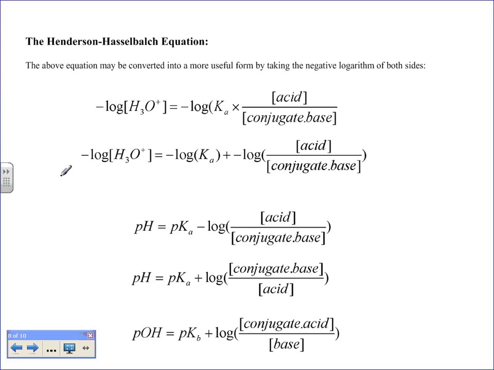Now, because we are always going to be able to make the assumption, this is going to lead us to the derivation of an equation called the Henderson-Hasselbalch equation. The Henderson-Hasselbalch equation you will use to calculate the pH of a buffer solution.